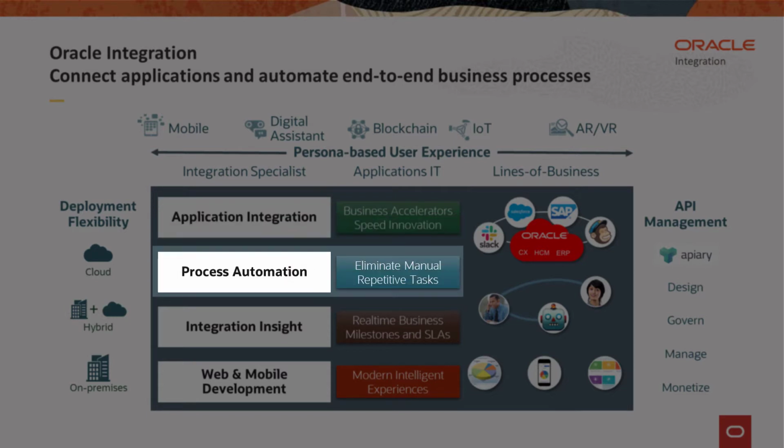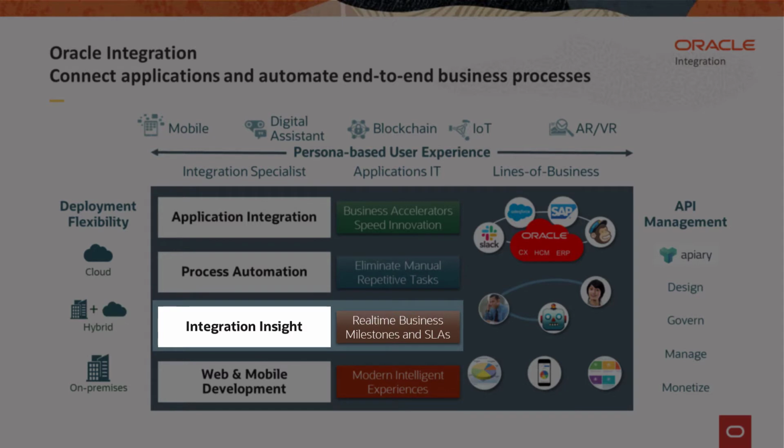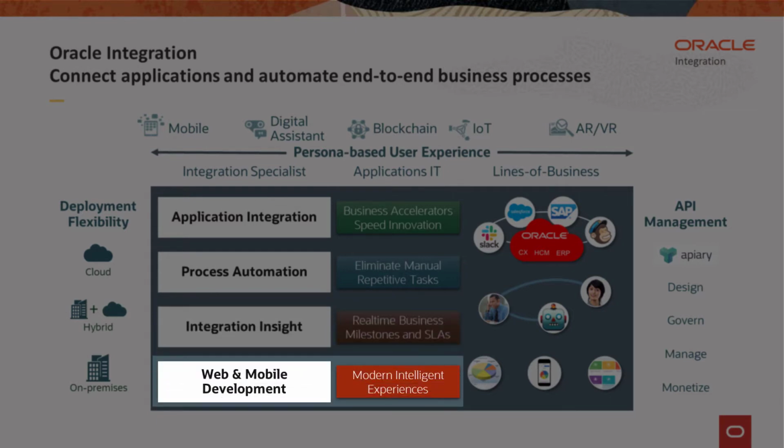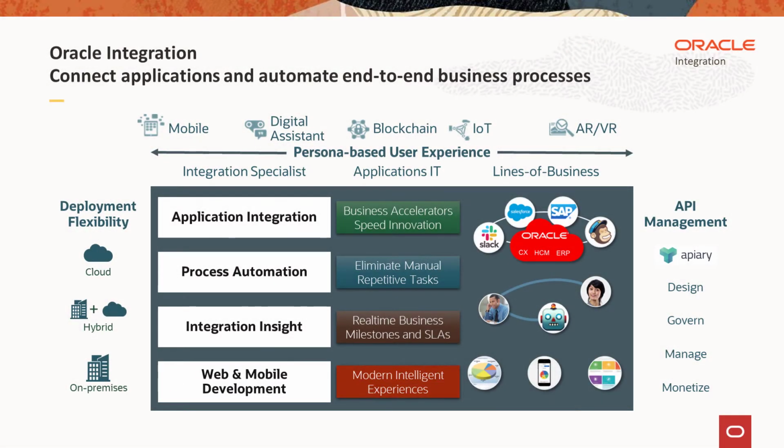Process automation provides you the ability to eliminate manual repetitive tasks from your day-to-day work, and we'll look at some of the value as part of that. Integration Insight gives you high-level business insights and milestones for your business to use, as well as a platform for mobile and web development. So today specifically, we'll look at Oracle Process Automation, which is highlighted in red there.